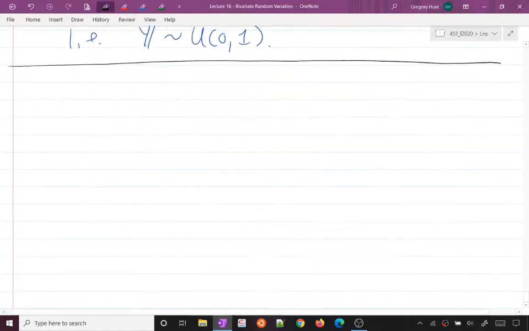There are 2 more examples I think would be interesting to do. So let's look at one of them, which is that let X, Y have, so now we're going to look at a different case where we're not going to give you the CDF, we're going to give you just straight up the PDF.